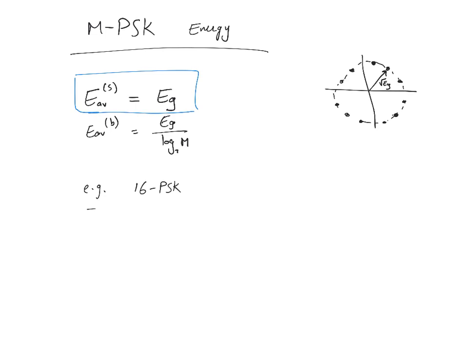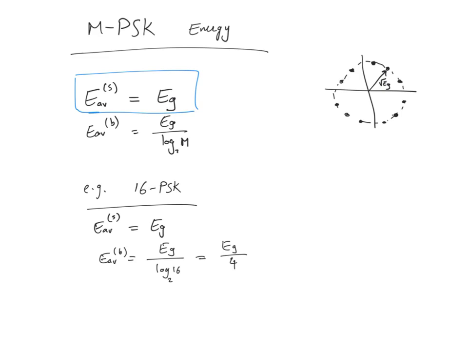In that case, regardless of M, the average energy per symbol is simply Eg, which is basically the radius of your circle. So whatever the radius of the circle is, that is the average energy per symbol, and your average energy per bit is equal to Eg divided by log to the base 2 of 16, which is Eg divided by 4. Done, right? So the simplest and the easiest to calculate.